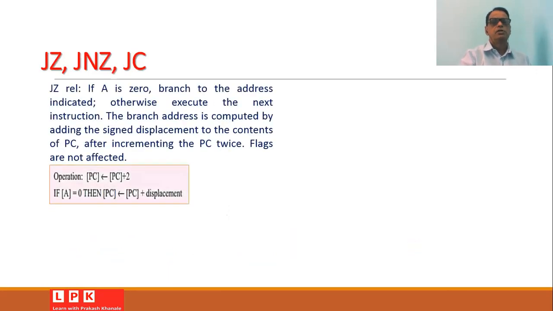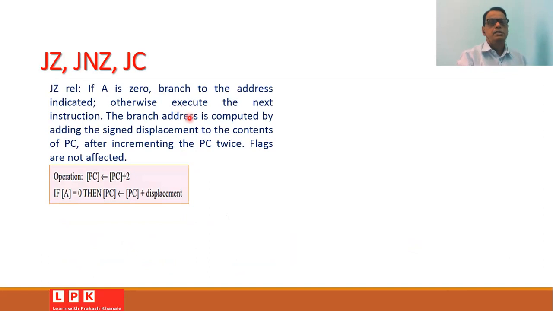Another form of the instruction is jump if zero, relative address, that is JZ rel. If A is 0, then branch to the address indicated, otherwise execute the next instruction. So here the branching will take place only if the content of the accumulator is equal to 0.